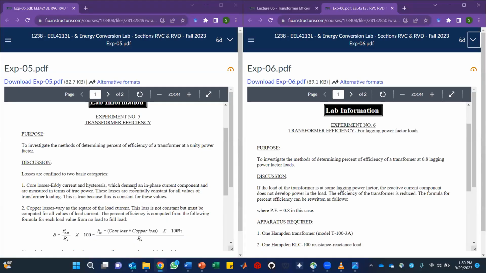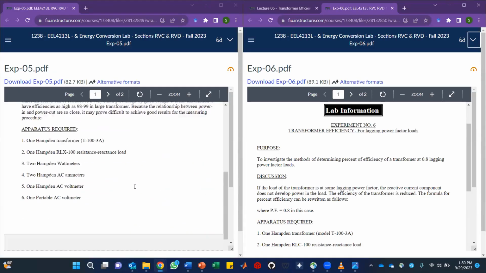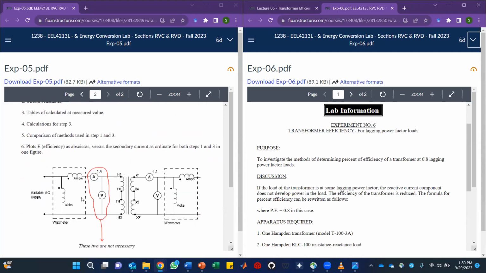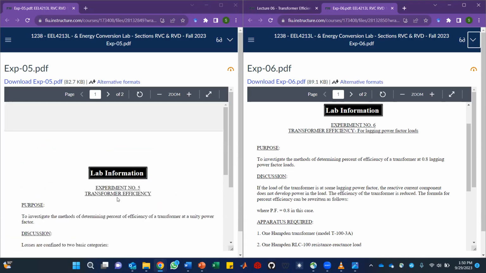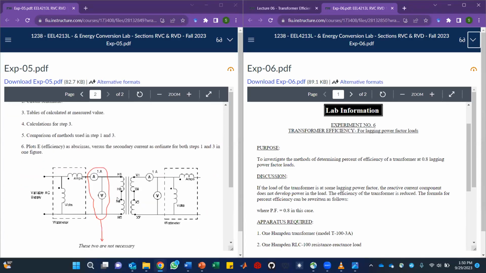So let's go back to the slides again. In this experiment, we are going to supply the high voltage side, and there will be 4 steps, two for each of the experiments. For instance, experiment number 5 will have 2 steps.